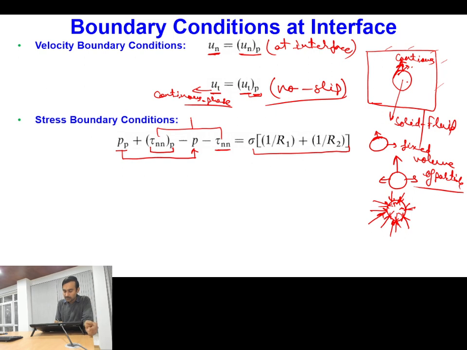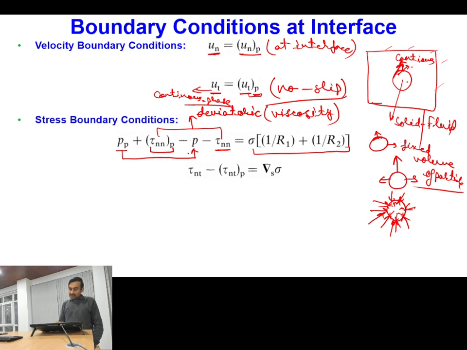These two normal stresses are contributed by the deviatoric stress tensor, which means they arise because of the viscosity, and they will come into play only once you have motion. If you don't have motion, you will not experience these.